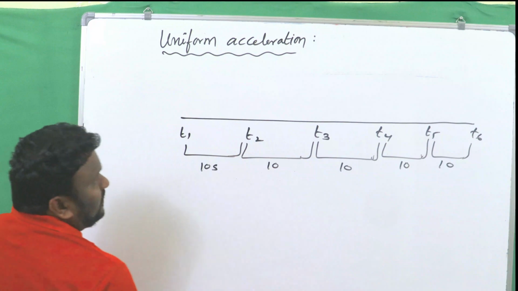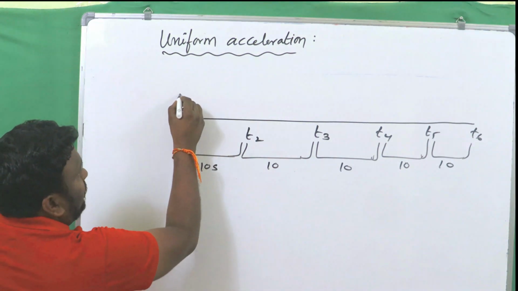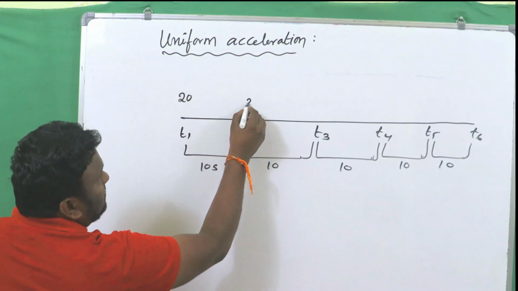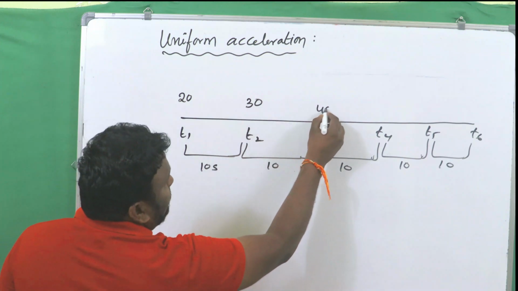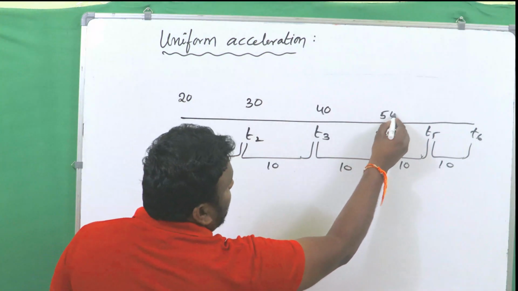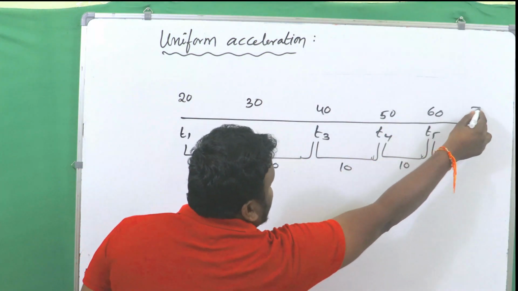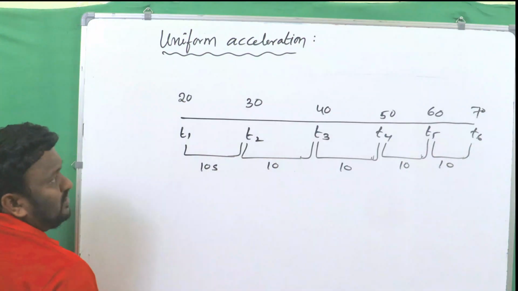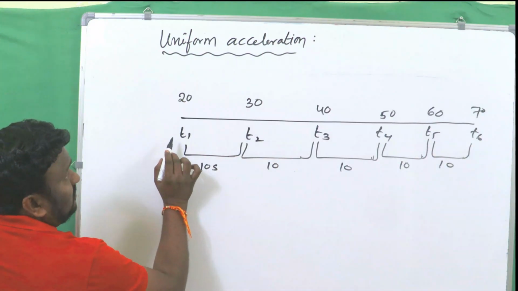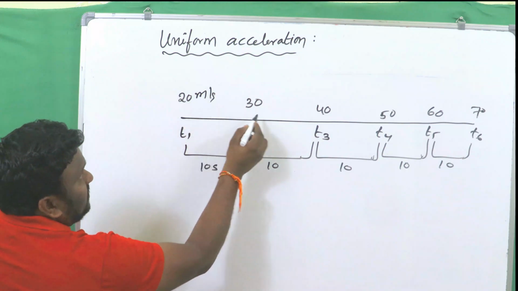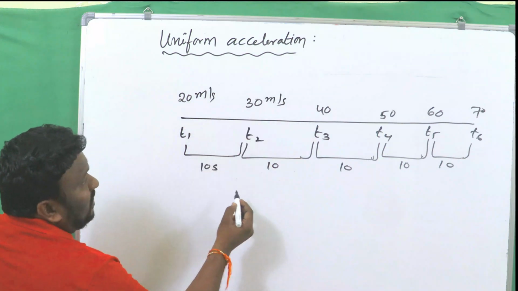In this case, the velocities are 20, 30, 40, 50, 60 and 70 meters per second. Clear?